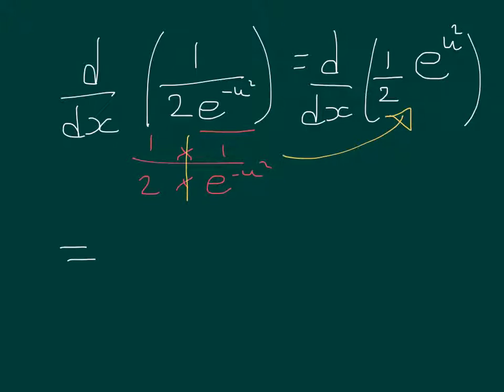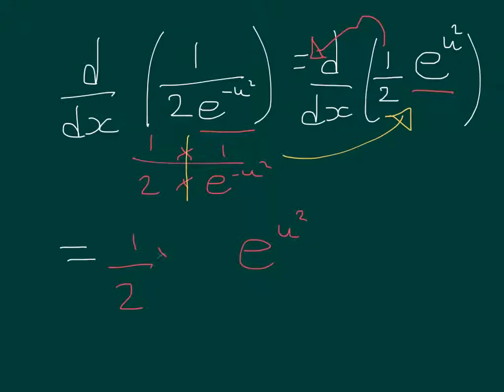Now remember, this half, if we think back to C2, that can just come outside. That's just a constant. So this just gives me 1/2 left alone, and now I need to differentiate this thing. So e to the u squared will just be e to the u squared. I'm going to write it over here.